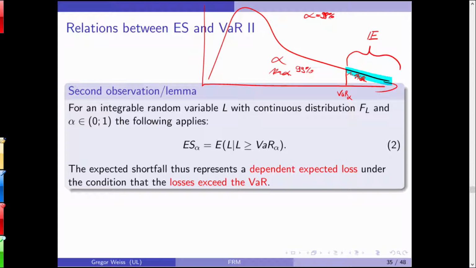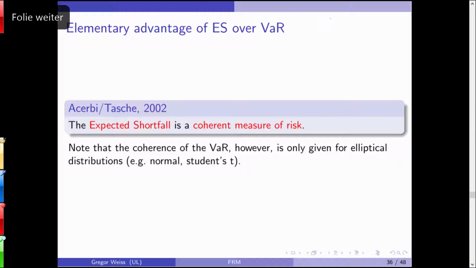So this is a conditional mean. And this is how you interpret expected shortfall. It's the average loss conditional on the losses being larger than VaR. A result by Acerbi and Tasche, I think Tasche works for Moody's: the expected shortfall is always coherent.